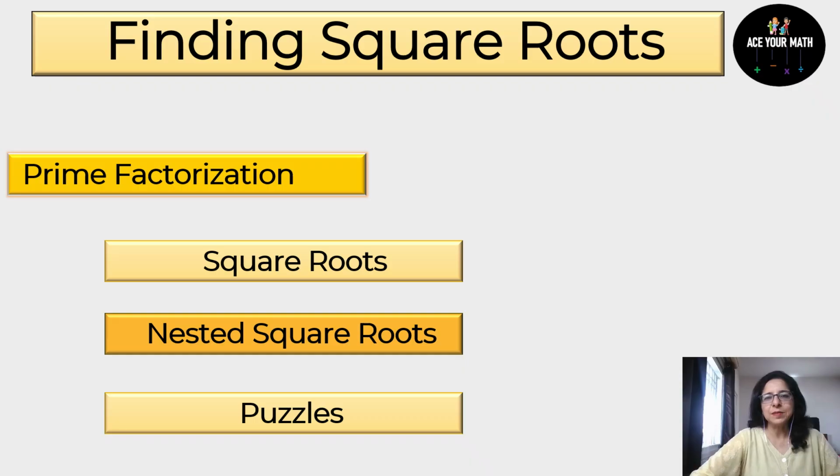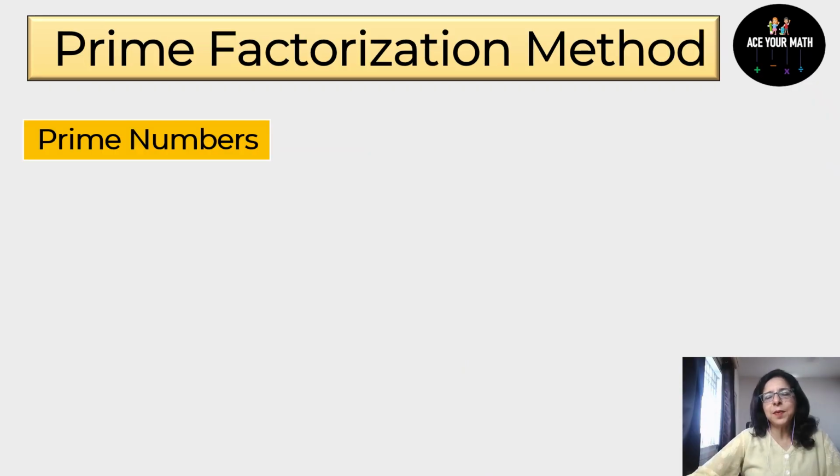Let's begin. See, as the name suggests, prime factorization, it means you will break the given number into prime factors. So before starting that, let's understand what are prime numbers. See, prime numbers are those which are divisible by itself or by 1, or you can say they have only two factors.